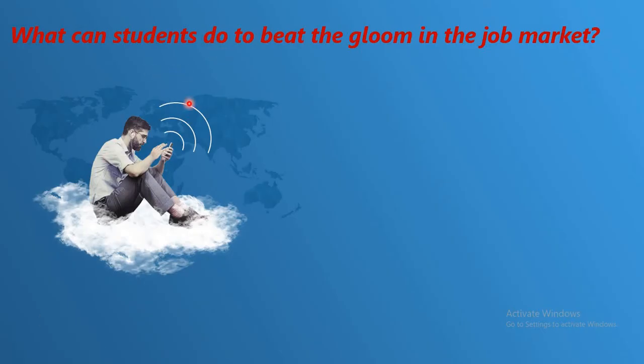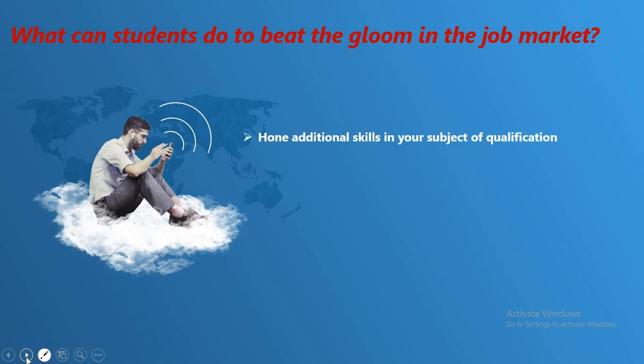And so, as a final few points, what can students do to beat the gloom in the job market? What are the special features that you can adopt to stand out in the bunch of student lists?